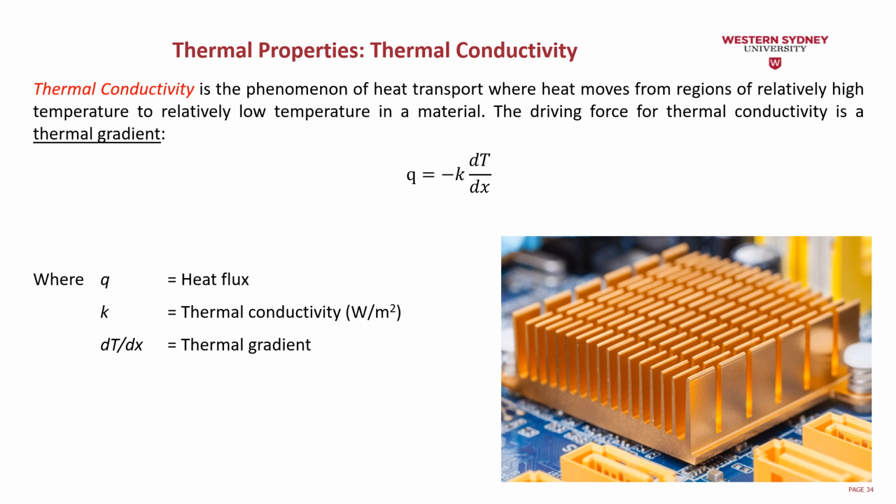So the heat flux is going to be equal to negative K multiplied by delta T divided by delta X, where Q is the amount of heat to be transferred, K is the thermal conductivity value, and delta T over delta X is the thermal gradient, or the change in temperature over the length of the material.